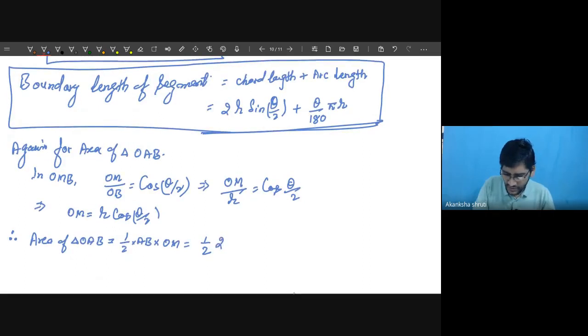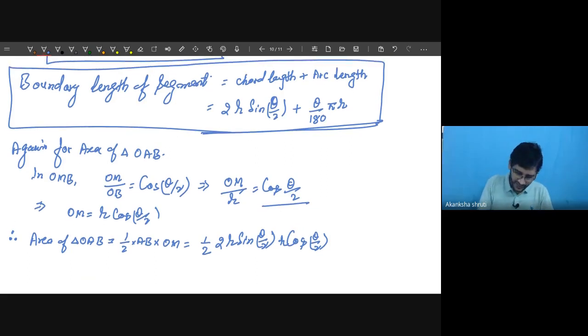So 2 into r sine of theta by 2. Then the other one is the perpendicular we have calculated, r cos of theta by 2. Student, it is very interesting to keep in mind.